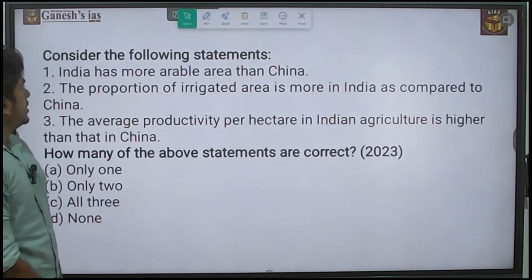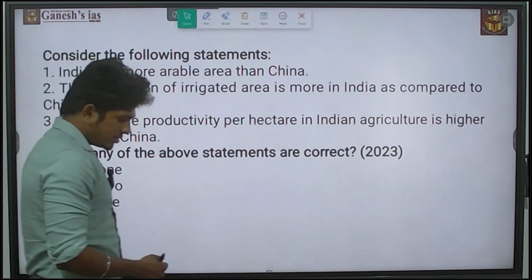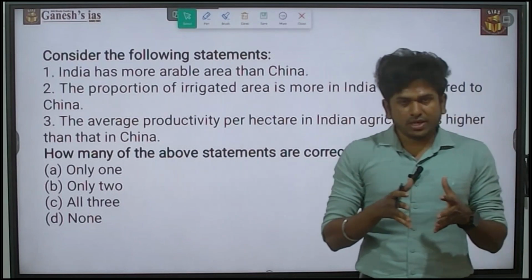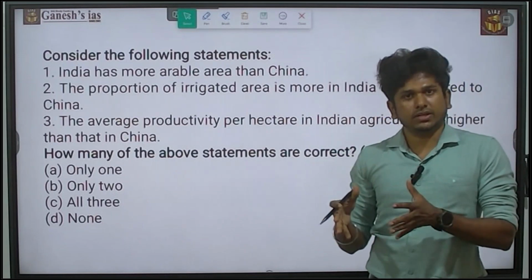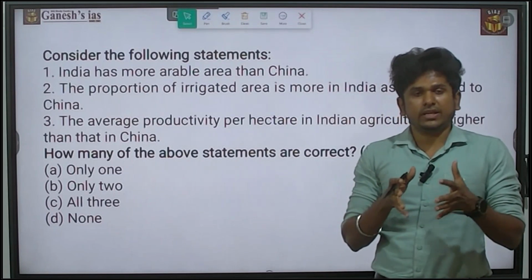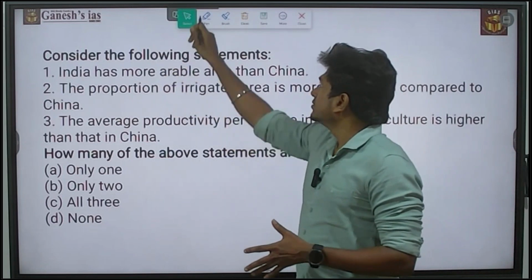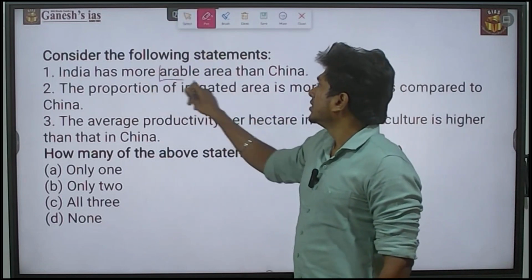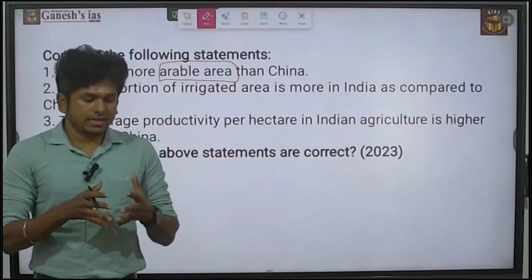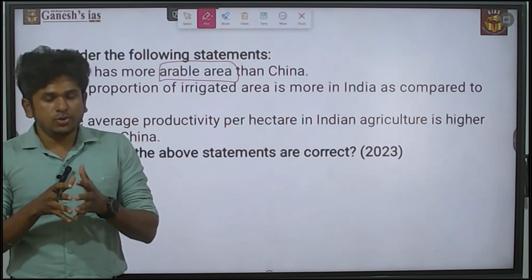India has more arable area than China. First thing is, when comparing the land area, India has a very small land area compared to China. It's a relative parameter. But what is arable land? Arable land is nothing but the area that is available for cultivation.